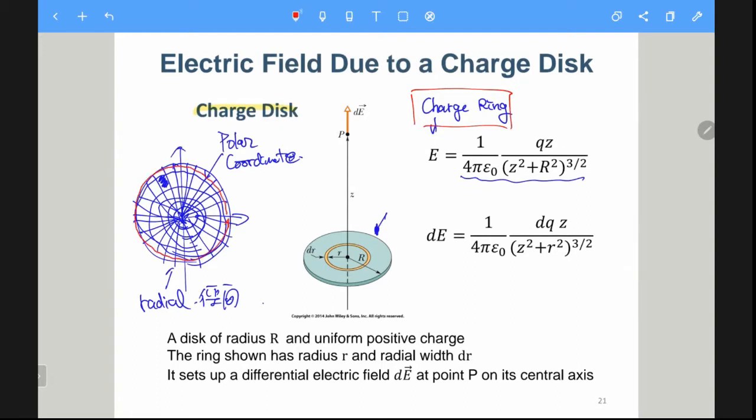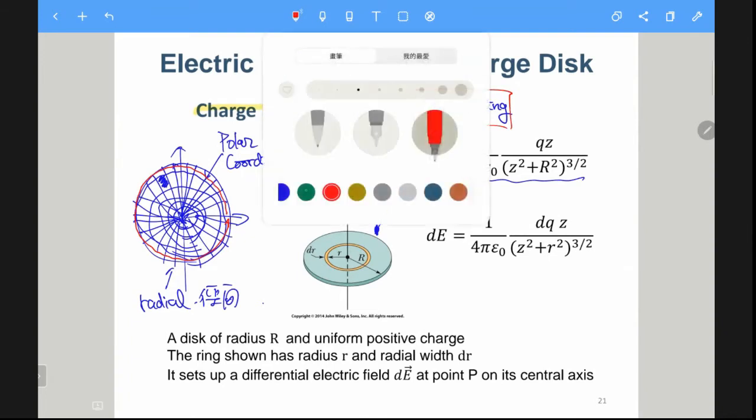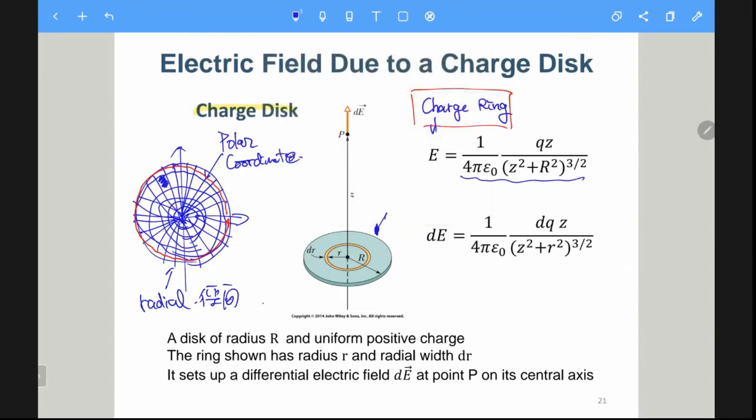So in this case, we can make use of this result. So we can regard a whole disk as many different rings with different radius, and then we try to add them together. This is the idea.